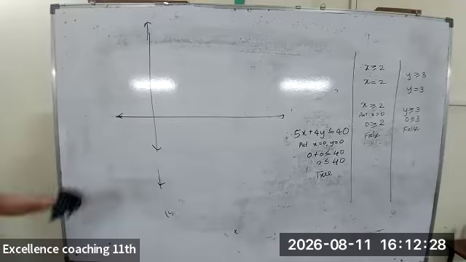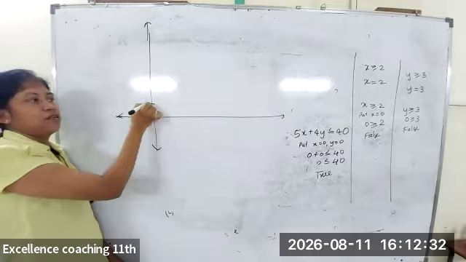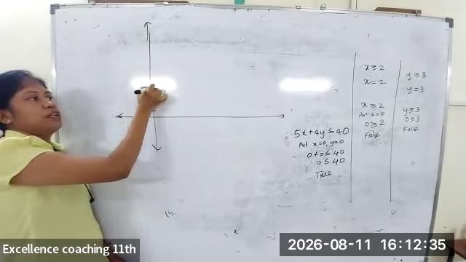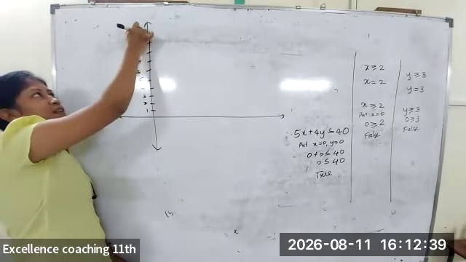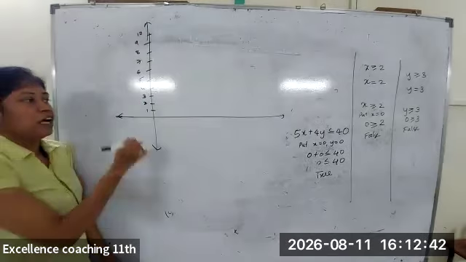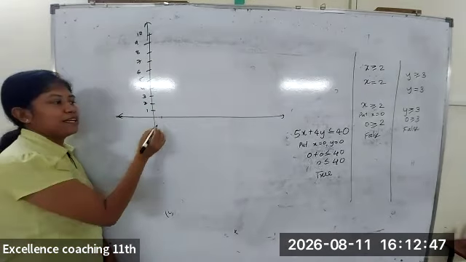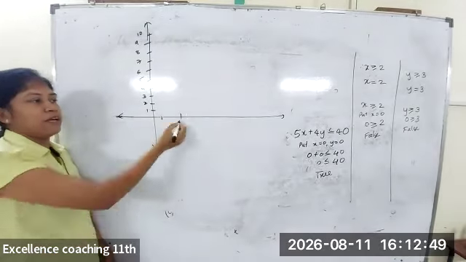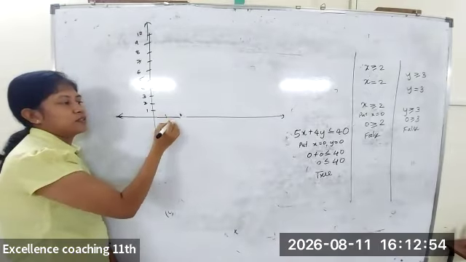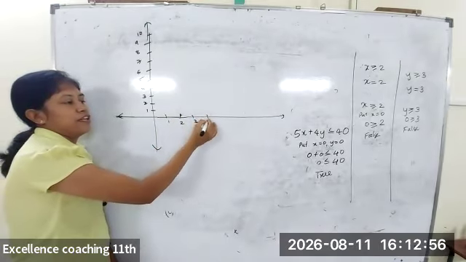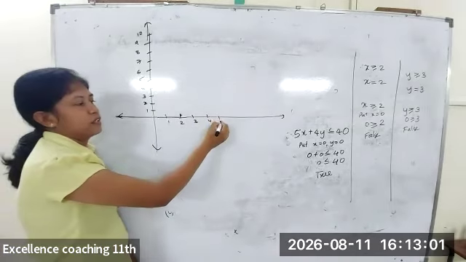Only when there are negatives do you have to check which quadrant. Now on your main line, mark 1, 2, 3, 4, 5, 6, 7, 8, 9, 10. The maximum number is 10. Keep the same gap as the lines on your notebook, otherwise don't make this small and this big. It need not be exactly perfect, approximately.